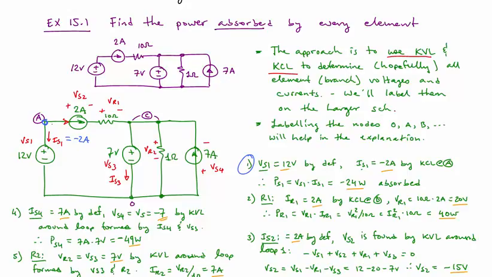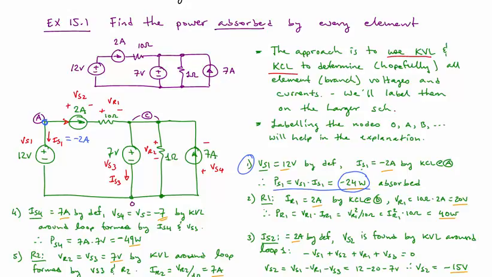We know that 2 amps leave to the right, and so 2 amps must be entering from below, and so that makes IS1 equal to minus 2. From that, we can express the power that is being absorbed by the first source, VS1, and that is PS1 equal to minus 24 watts. So minus 24 watts is absorbed, meaning that 24 watts is supplied.